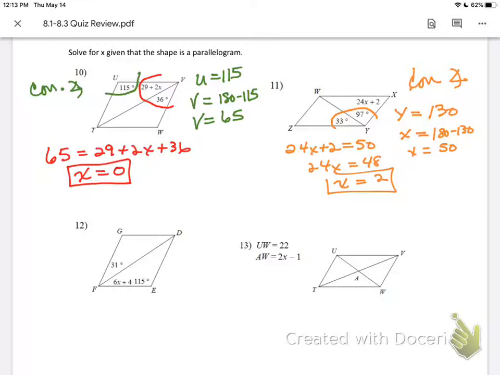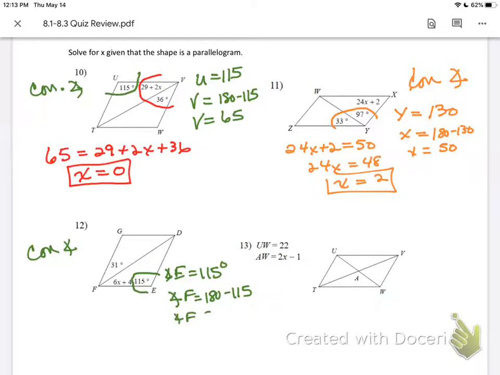Okay, looking at number 12, you have to look very carefully here. So angle E right here, E equals 115. Okay, angle F has to be its supplement, because they are consecutive angles. So what's F going to be? 180 minus 115.